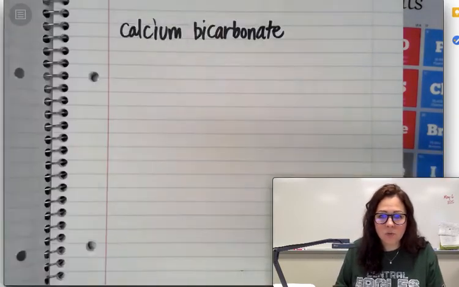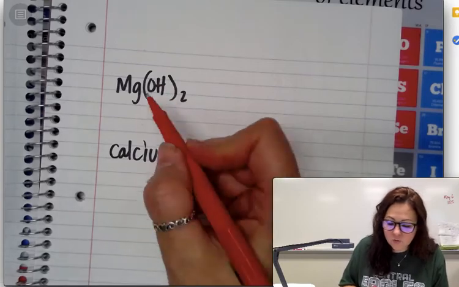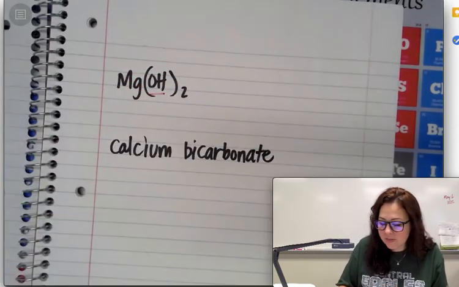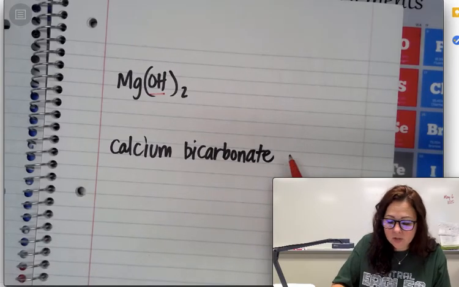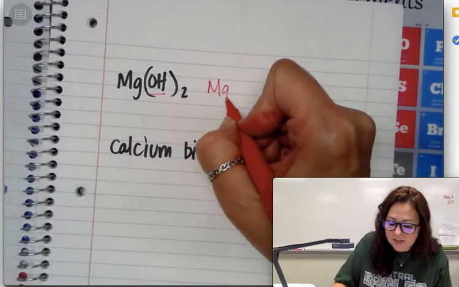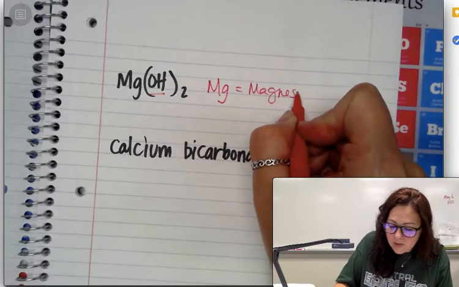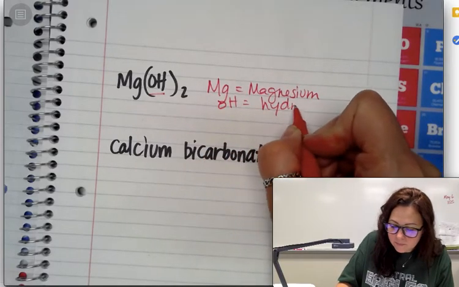Now these two are both bases. I know that they're bases because this has hydroxide. Hydrogen is not in the first spot. And then this one doesn't say the word acid. So with this one, we just go back to our regular naming rules. We have Mg, that is magnesium. And then OH is called hydroxide.